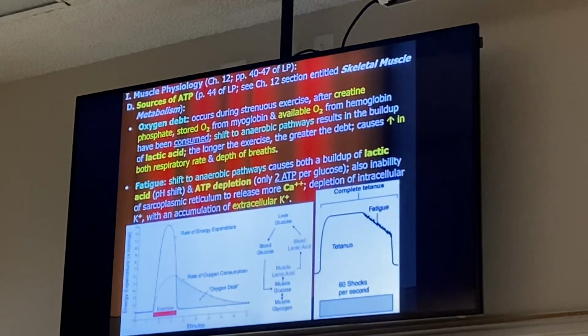Those are the three things: lactic acid buildup, depletion of ATP, electrolyte imbalance. Electrolyte imbalance is the biochemistry of Gatorade. It was actually done by physiologists. Did you guys even know that?